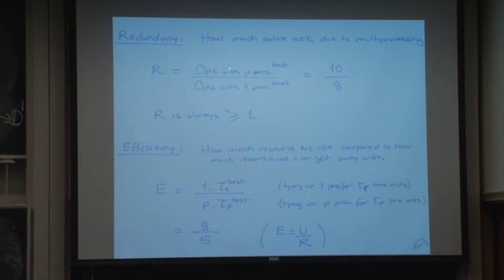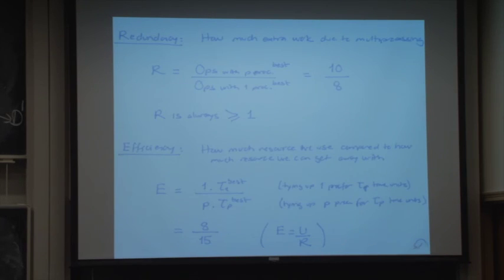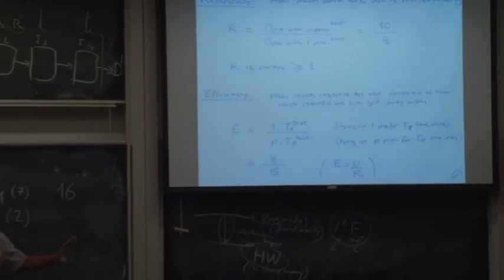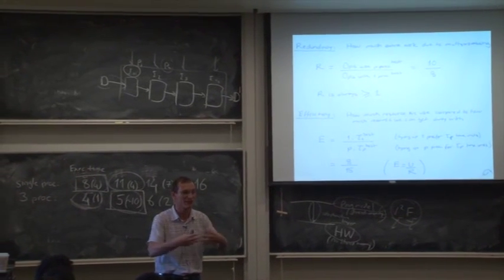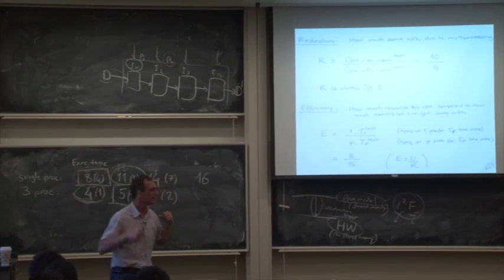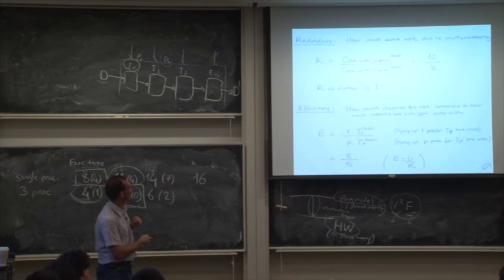In this case, the number of operations with the parallel version is 10. Whereas the number of operations with 1 processor, we figured out the best is 8. So your redundancy is greater than 1. We've increased the number of operations, even though we didn't have any synchronization overhead, so that we could exploit parallelism. As you add more overhead, this redundancy increases.